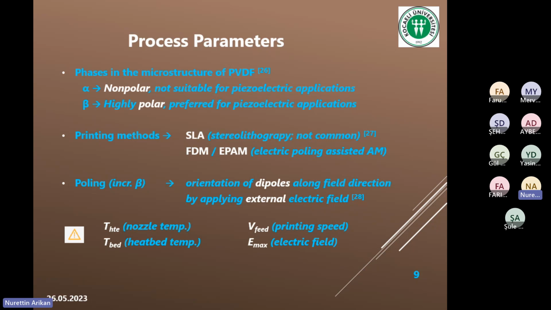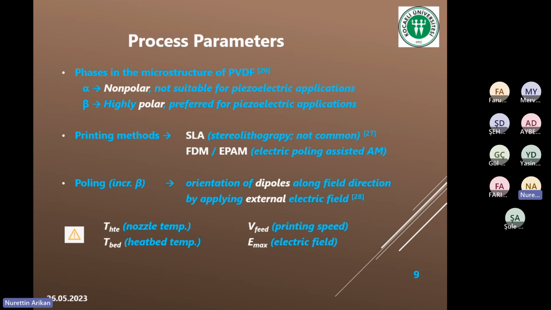Since PVDF is a semi-crystalline material, we need to facilitate the crystallization and get the beta phase, because it's both highly polar and it will exhibit ferroelectric and piezoelectric behavior after mechanical stretching or thermal treatments. I will let you know.